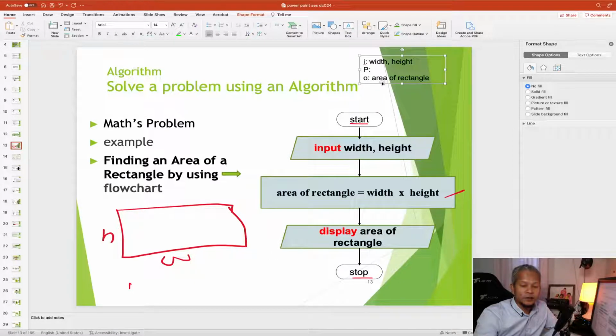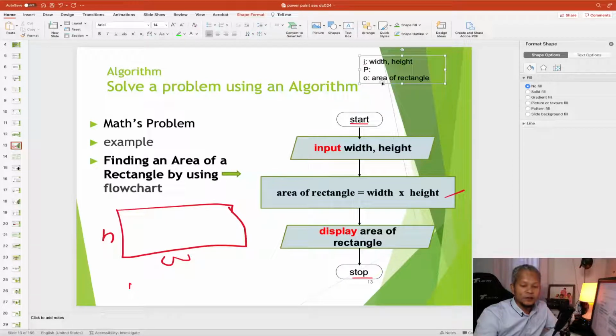Okay, so we are using the flowchart. A flowchart is represented with shapes. Look at the difference between flowchart and pseudocode. Okay, this is flowchart and pseudocode.